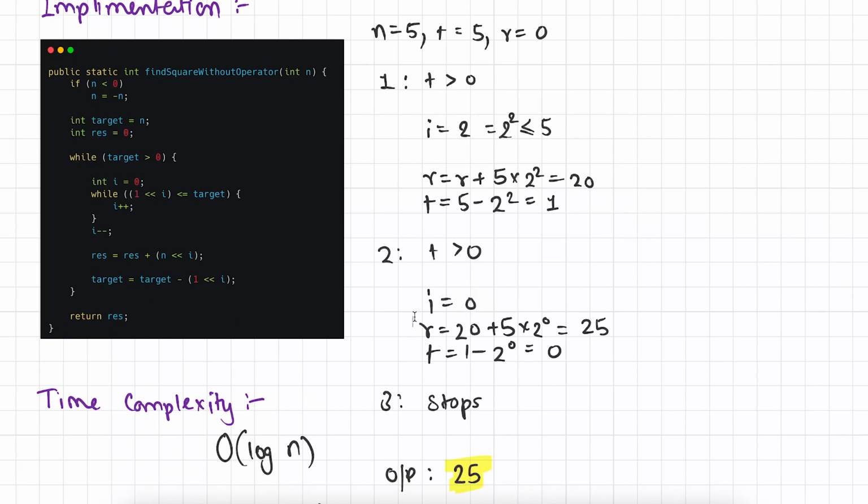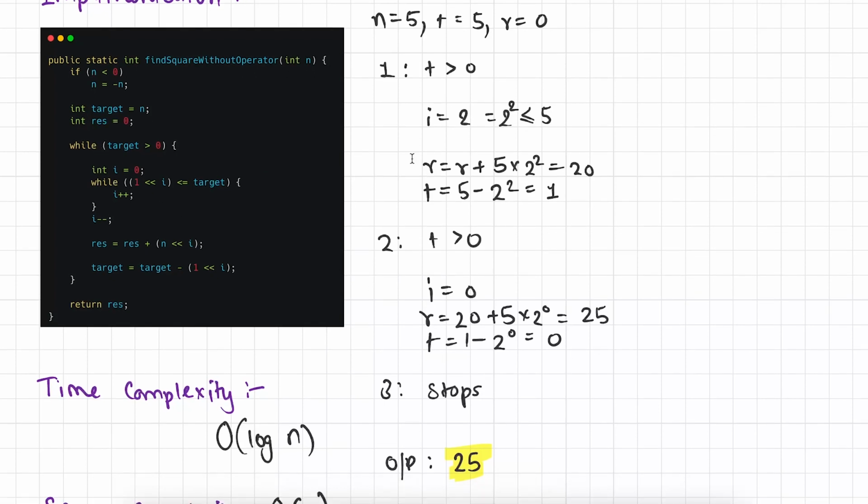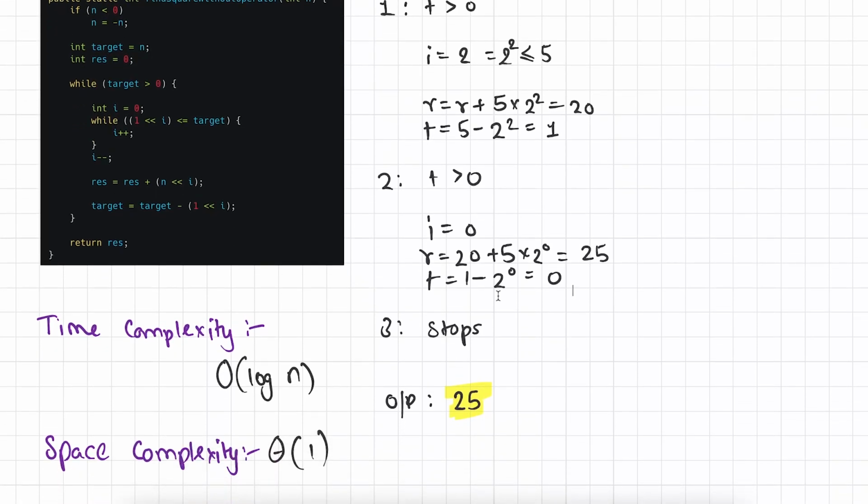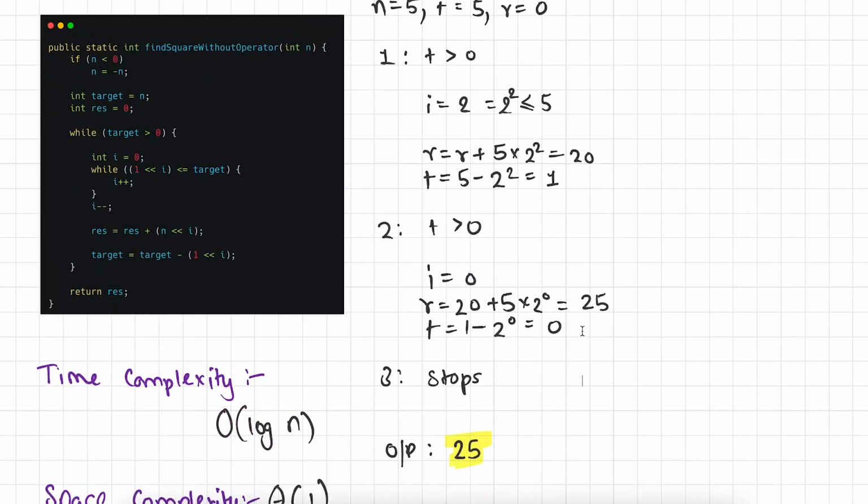So we are again calculating result equal to the previous result plus 5 into 2 to the power 0, that is equal to 25. And again we are reducing the value of t by 1 minus 2 to the power 0, that is equal to 0. In the next iteration, it checks if 0 is greater than 0, and this condition becomes false and we get out of this loop. And in this way we get our output as 25, that is the square of number 5.